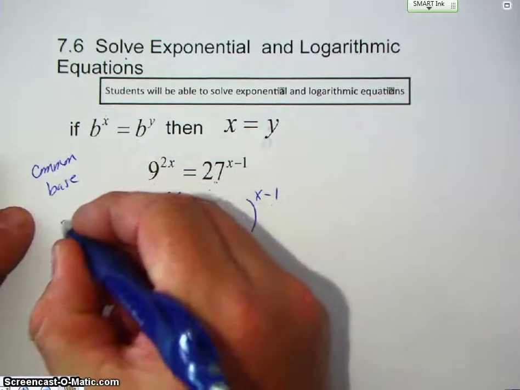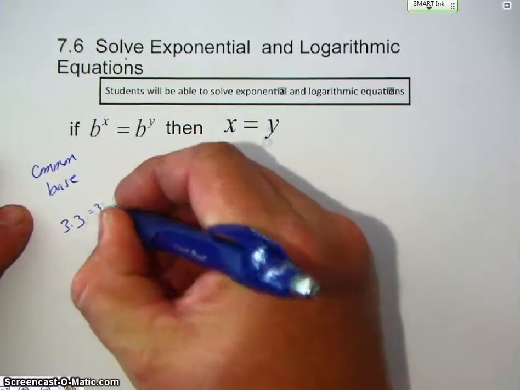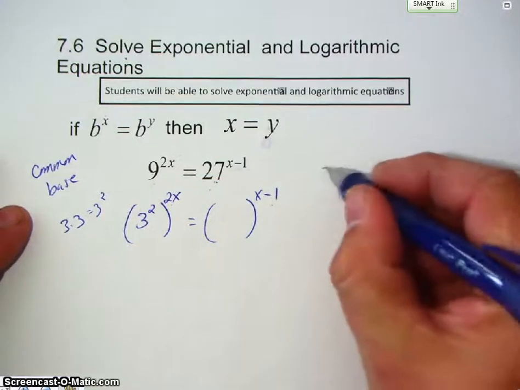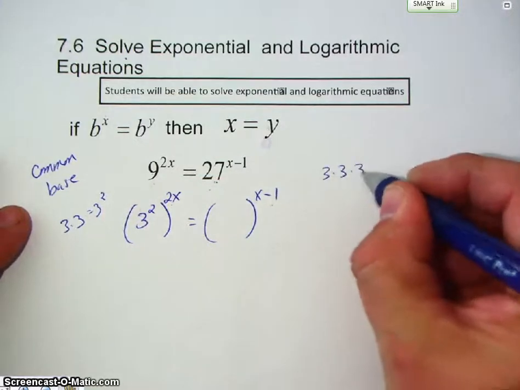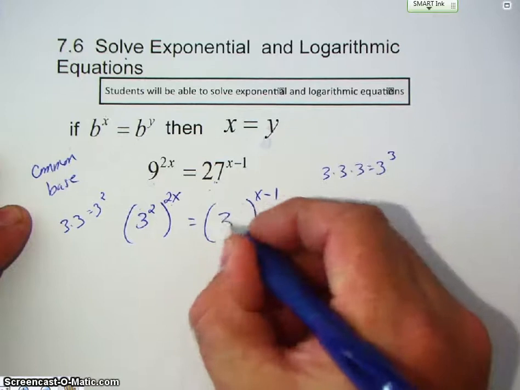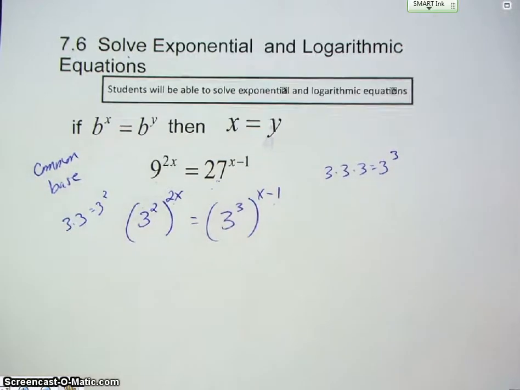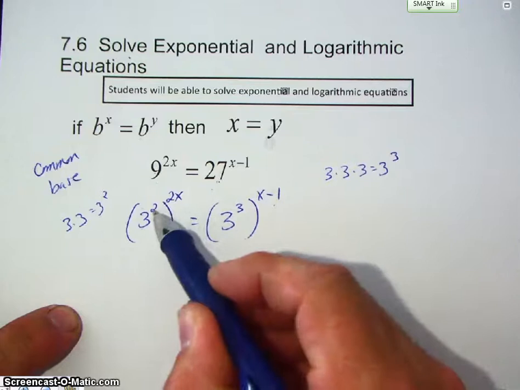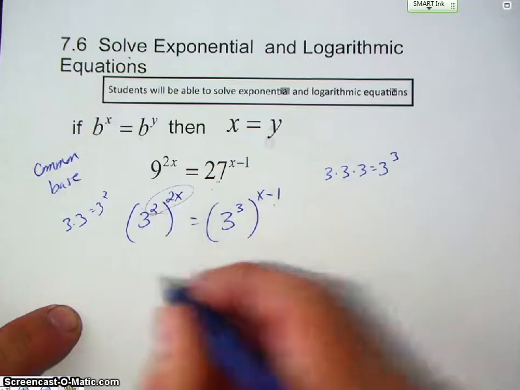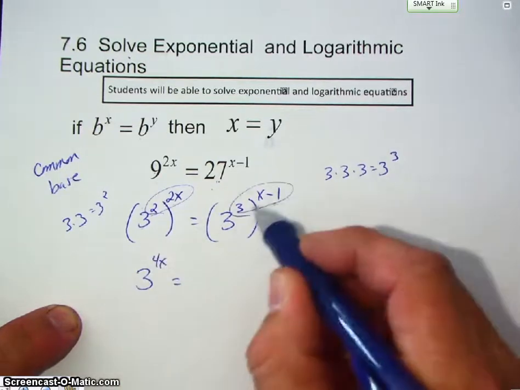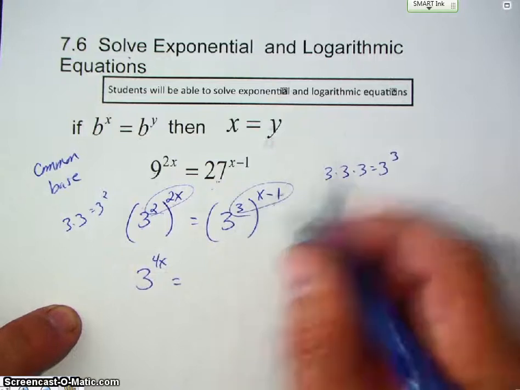Well, 9 is 3 times 3, which is 3 squared. 27 is 3 times 3 times 3, and that's 3 cubed. So here the bases are the same. Now I've got an exponent to an exponent, so I'm going to multiply, making sure I multiply it by everything.